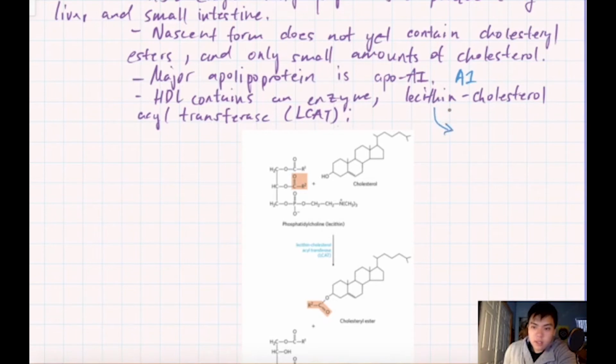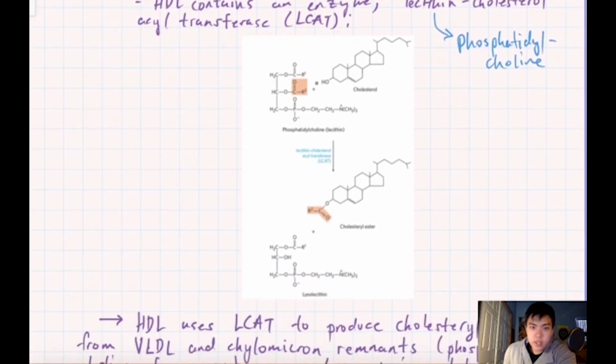Lecithin is a fancy name for phosphatidylcholine. I don't know if you remember what phosphatidylcholine looks like. You really should, because it was in complex lipids. Essentially this LCAT is going to turn cholesterol and phosphatidylcholine into a cholesterol ester.